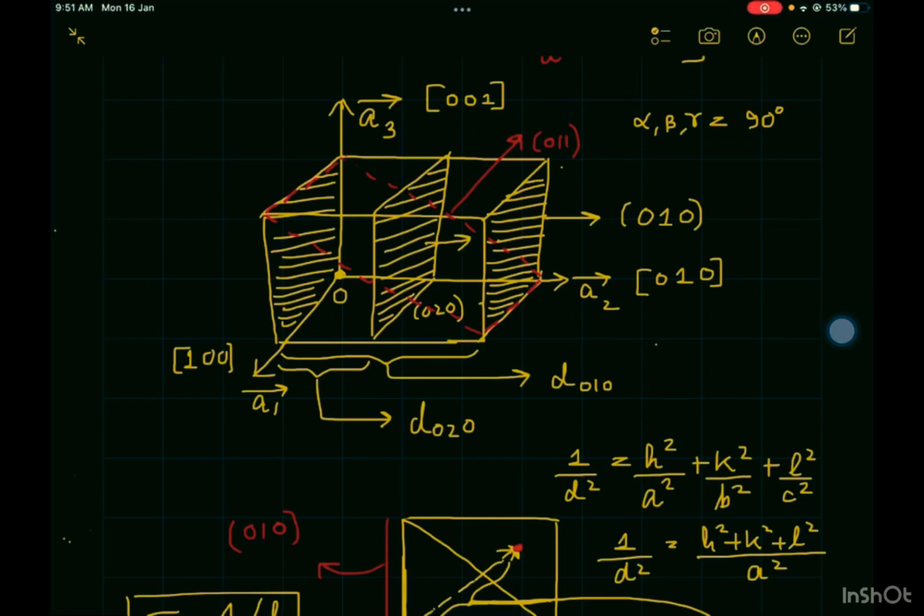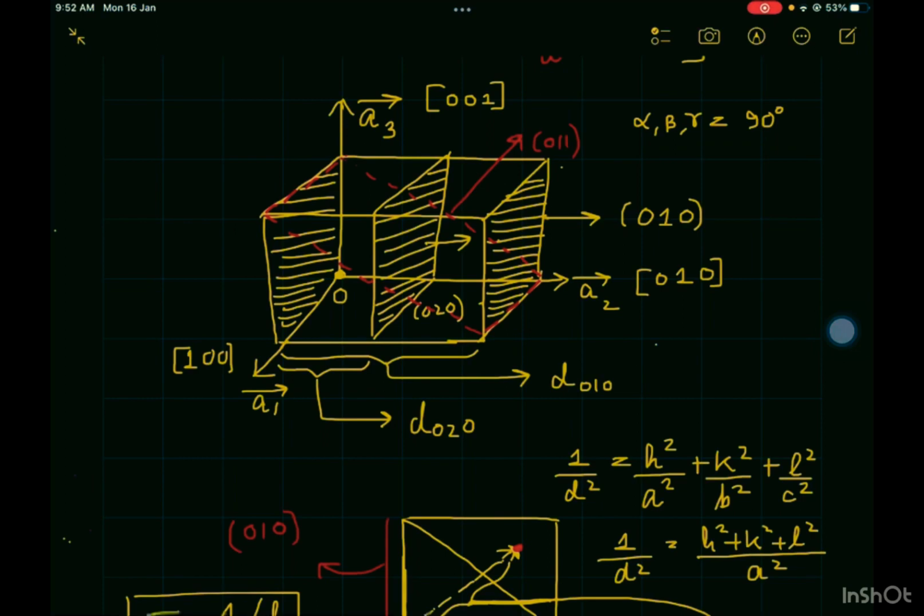Here, the parallel planes that I have taken are 0, 1, 0, 0, 2, 0 and 0, 1, 1, right? They're stacked on top of each other. And the direction of the normals are given by square brackets, the Miller indices of that particular plane. For example, the plane 0, 1, 0 will be represented by the normal square bracket 0, 1, 0. I suggest you look up direction and plane Miller indices in Google once.